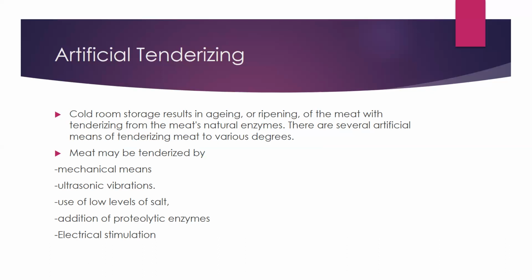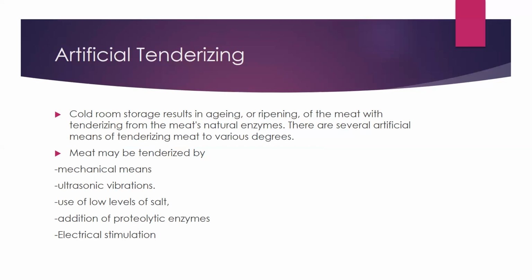Next is the use of a low level of salt. Meat may be tenderized by the use of a low level of salt, which solubilizes the meat protein. As we all know, salt is hygroscopic, so if salt is placed within the meat, it holds water within the mass. And if it is placed on the surface of the meat, it draws the moisture out of the mass to the surface.